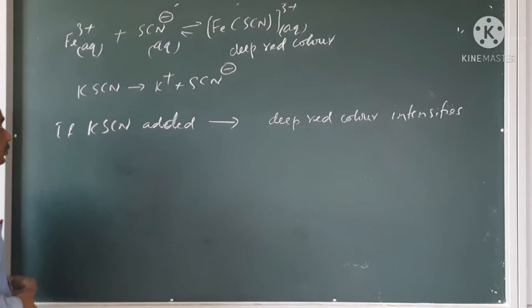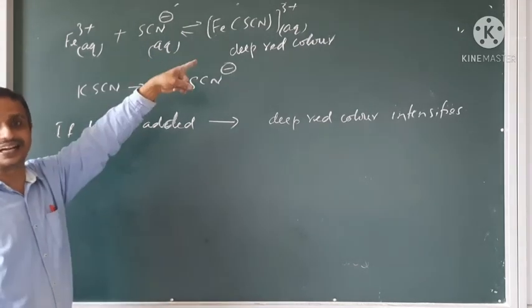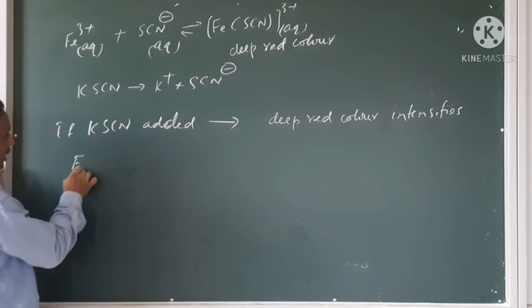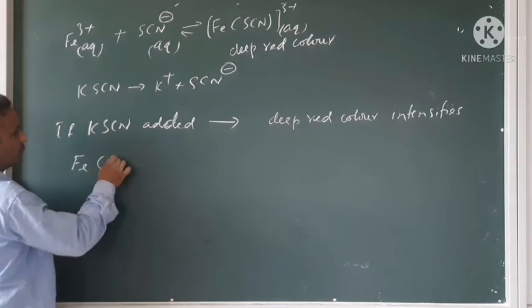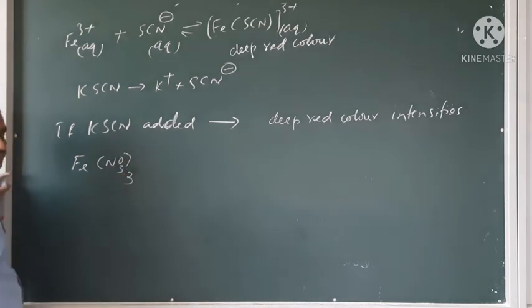Now what I do is I add ferric nitrate. Ferric nitrate is Fe(NO3)3.